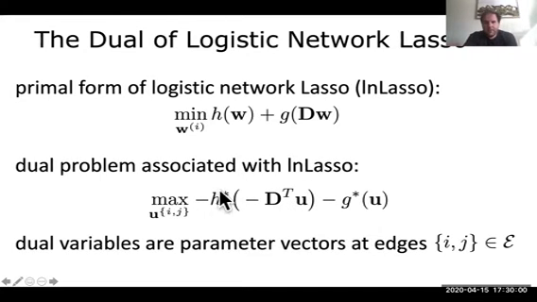This dual problem now involves parameter vectors that are defined over edges. So remember, the primal logistic network lasso was defined for weight vectors defined for the nodes in the network, whereas the dual problem uses parameter vectors assigned to edges of the network.